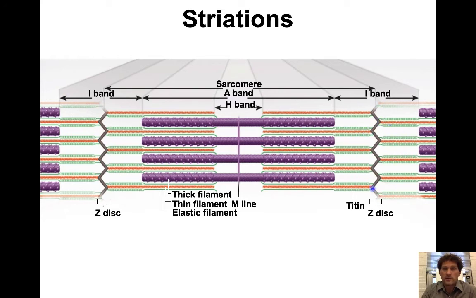We see our Z disc in there, and then we see the protein titin, which acts as a spring and contributes to the passive elasticity of our muscle fibers. So as they're contracting, this elasticity allows the sarcomere to return to its resting length.